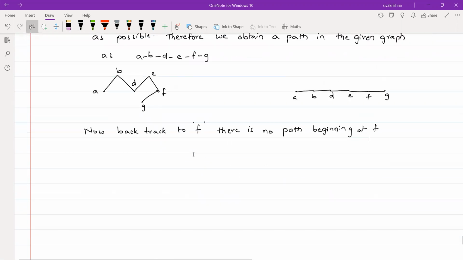Okay, so beginning at F, there is no path containing vertices not already visited.